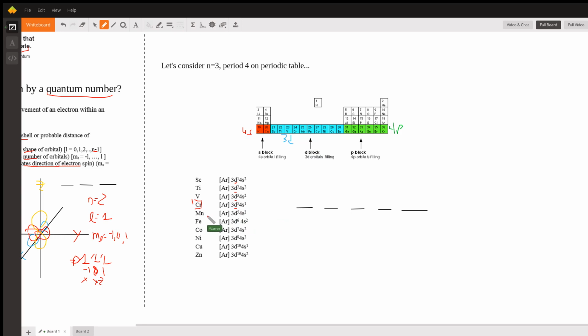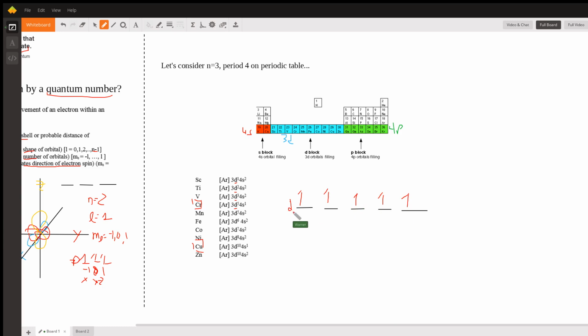So then manganese is going to be d5, 4s2, going in incremental order. Then there's going to be another exception with copper because there's another certain excited state. So when we're saying half-filled d orbitals, we're basically saying when it has this certain configuration.